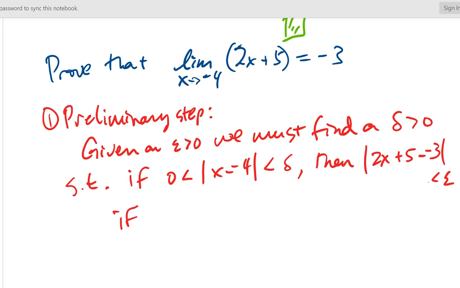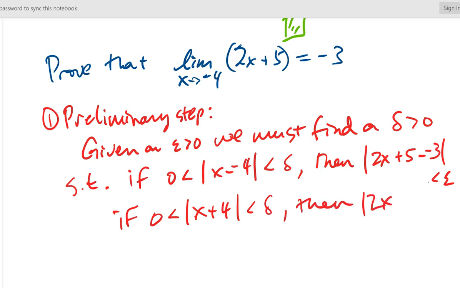So it says if 0 is less than |x + 4| is less than delta, then |2x + 8| is less than epsilon. Okay, so we don't need any of this, really. Done with that.